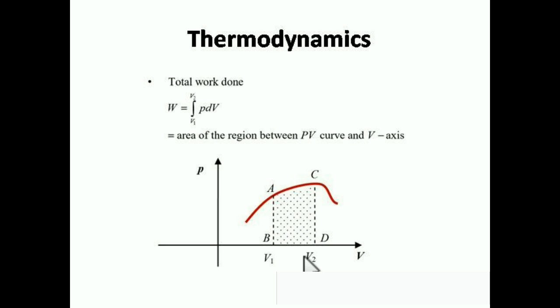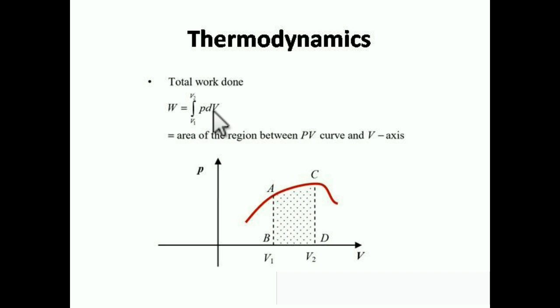If we take the area under the curve, V is my variable, that means dV is a variable, the limit is from V1 to V2, and the integral of P dV is the work done. This is the common basic formula for each and every type of process. The process changes, the final formula changes, but the basic formula is the area under the PV curve of any process.